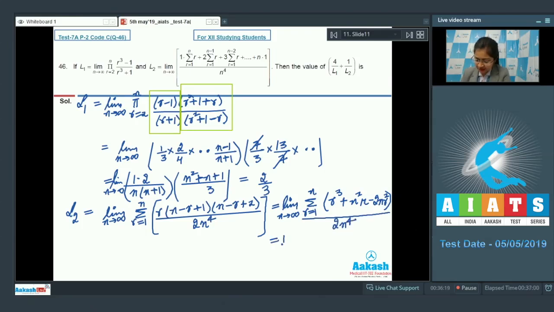So solving this, we will get it equal to 1 by 2 times 1 by 2 plus 1 by 4 minus 2 by 3, that is equal to 1 by 24. So the required value will be equal to 4 divided by 2 by 3, that is 6, plus 1 by L2, that is 24, that is equal to 30. So the answer to this question will be 30.